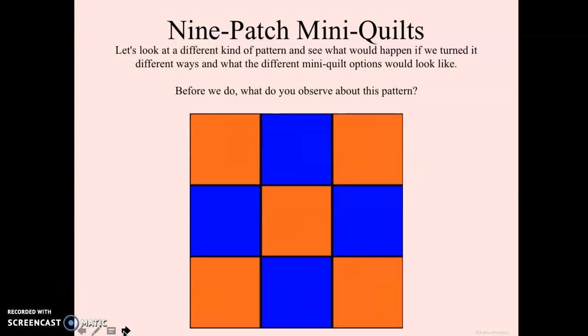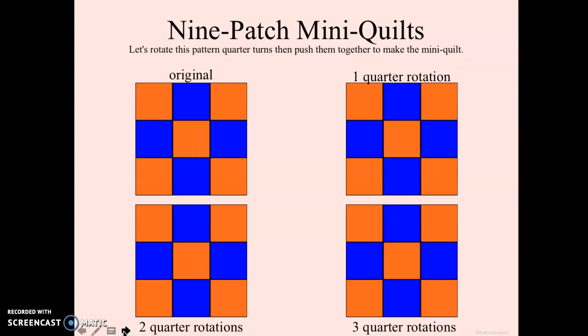Let's look at a different pattern and see what would happen if we turned it different ways and what the different mini quilt options would look like. Before we do, what do you observe about this pattern? Let's rotate this pattern quarter turns, then push them together to make the mini quilt.